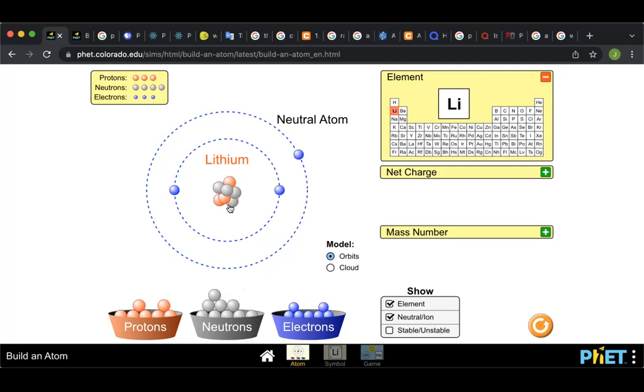Very good. So ions can be formed by adding or removing electrons. If we have more protons than electrons, that will be a positive ion. If the quantity of electrons is equal to the quantity of protons, it will be a neutral atom.